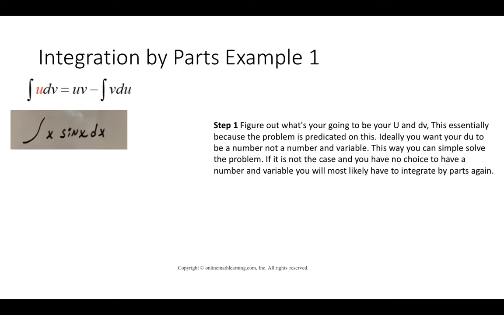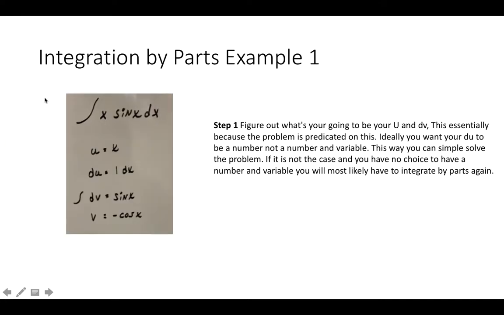So for u, in order to get the du, we have to take the derivative of it. But for dv, in order to get the v, we have to take the integral of it. So remember that, right? It's basically what I just said. We'll pick x as our u right here, and we'll pick sine x as our dv.